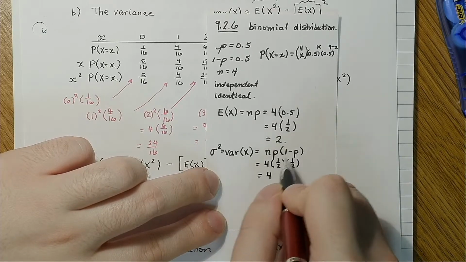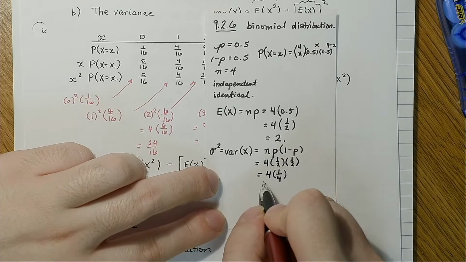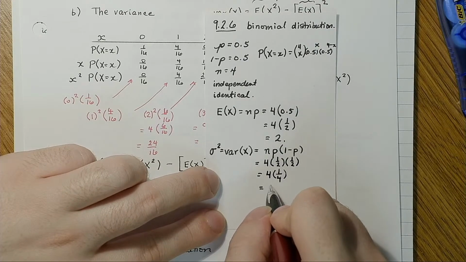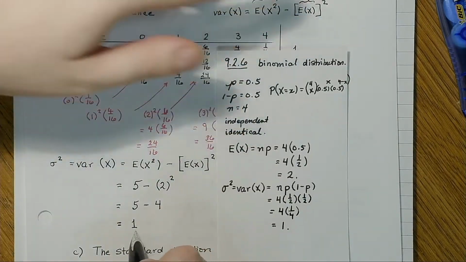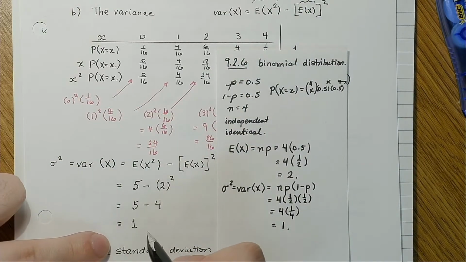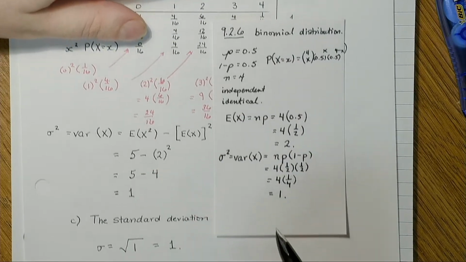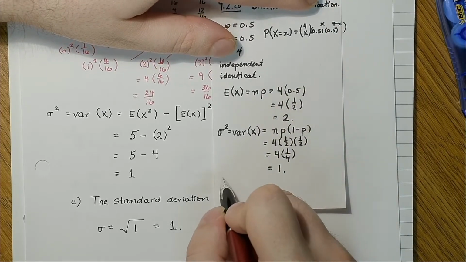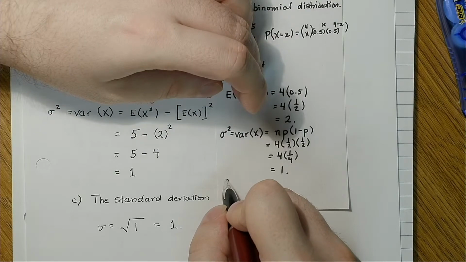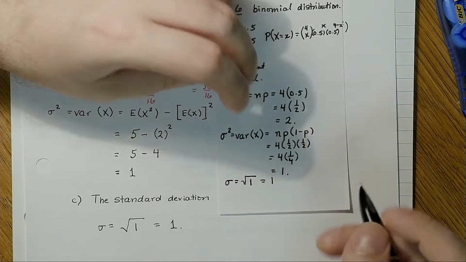So 4 times a half is a quarter. 4 divided by 4 is 1. And that matches what we had for the variance. And since we have the variance, we can easily do the standard deviation, which is just the square root of the variance. So that's just 1. So we still match.